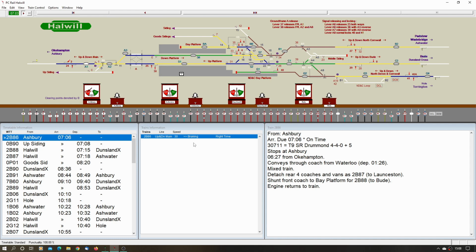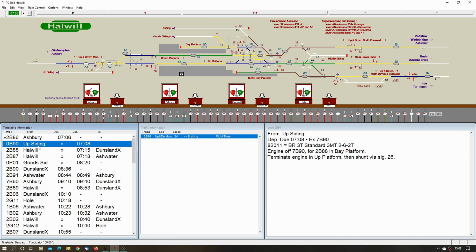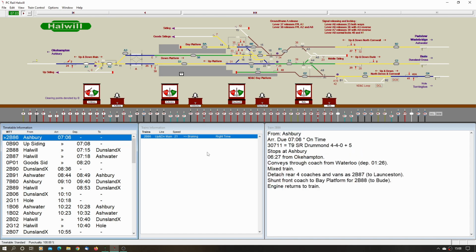Yes, approaching the station. Arrives at 7:06. I've got that one coming out of the up siding, 7:08. I'll try and do this shunt as best I can and see if we can get trains away on time.